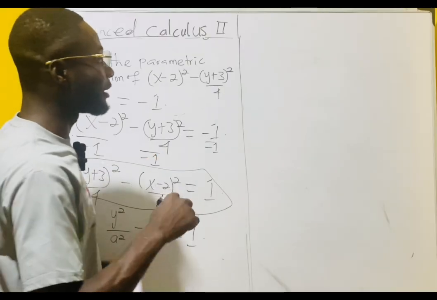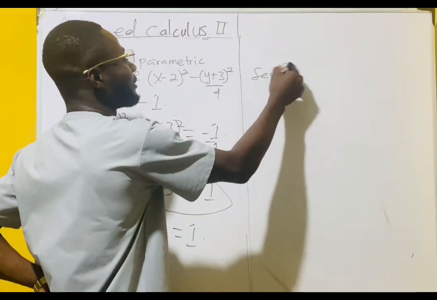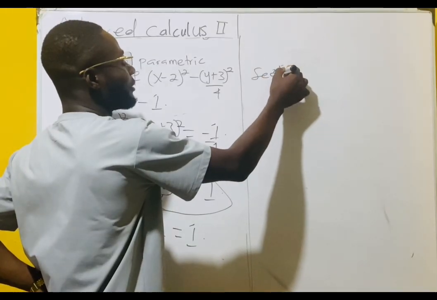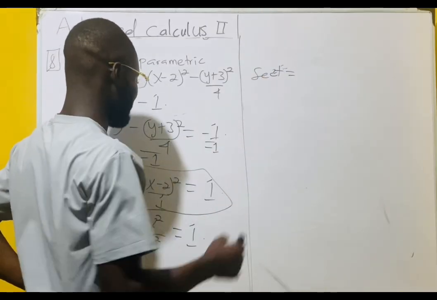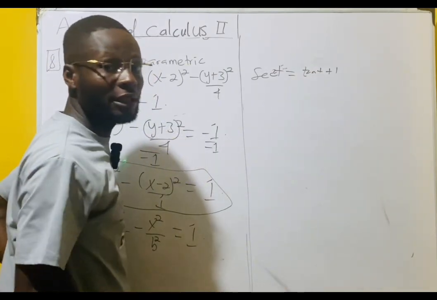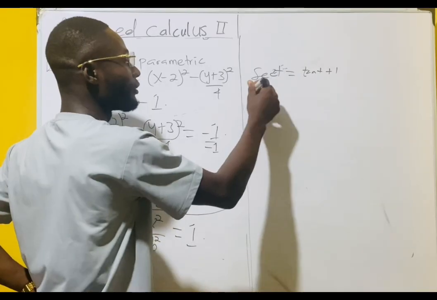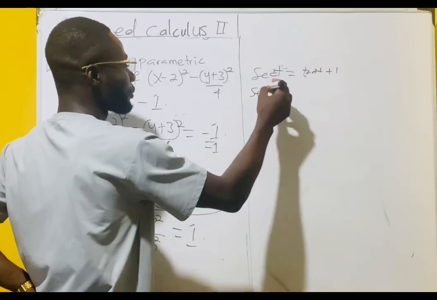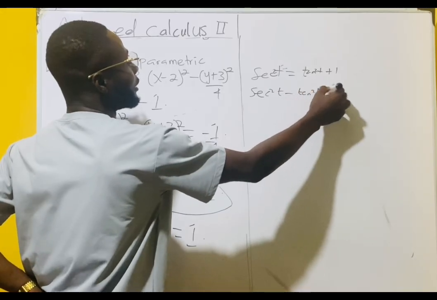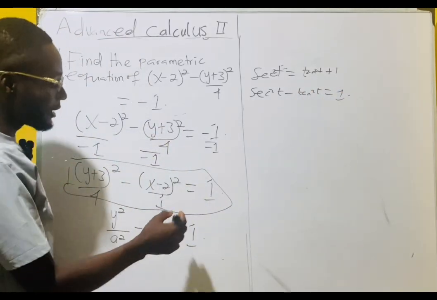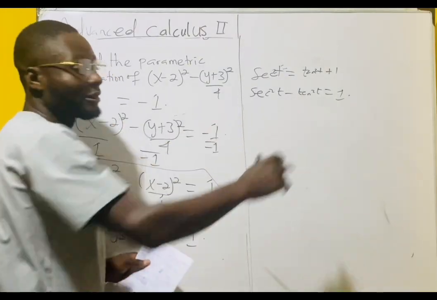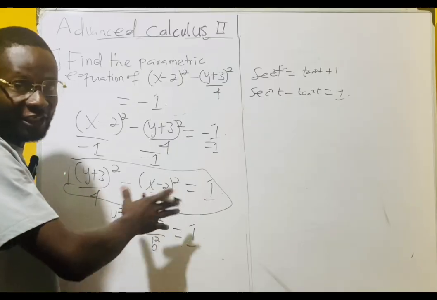Don't forget that sec squared is equal to tan squared plus 1. So if you bring this here, you're going to have sec squared t minus tan squared t equals 1. That is the same identity this thing is possessing, so that is the identity we are going to use. We can see that feature in here.